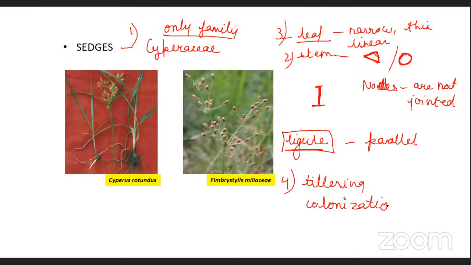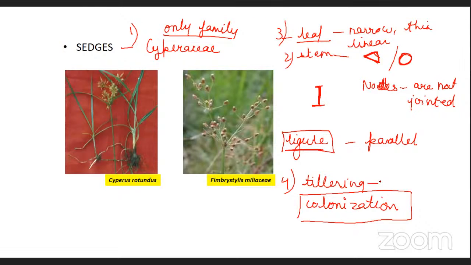Okay, colonization simply means that newly sprouted tubers or other vegetative propagules are there. So colonization means a gathering, or you can say an assemblage, but tillering is hardly found in the sedges.